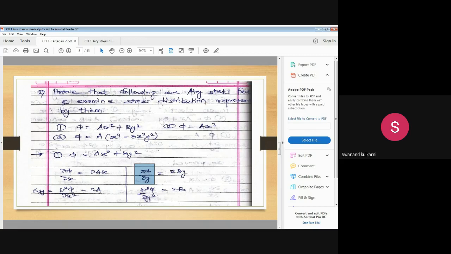So dou phi by dou y is 2by. Then once again, if we differentiate this dou phi by dou y, it will become dou 2 phi by dou y2, and this is nothing but 2b, because after differentiating with respect to y, this will become 2b only. So the stress along the y-axis is 2a and the stress along the x-axis is 2b.